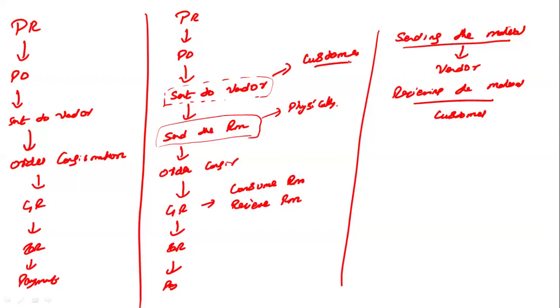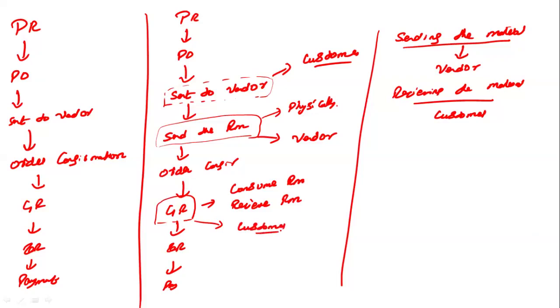Now, when I'm sending raw material to vendor, who am I? Vendor. So here I am vendor. And again here, the supplier is sending me the goods in the GR, so I am customer.